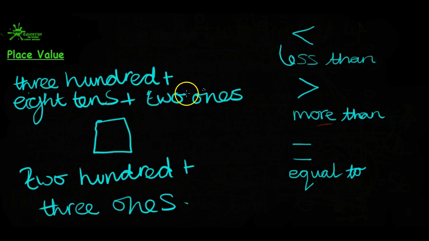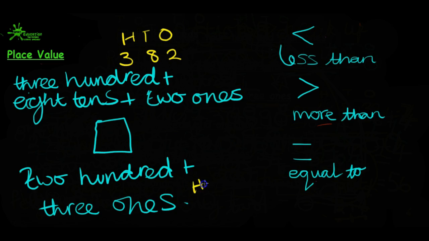Okay. So, again, let's find out what these look like in numerals or digits. 300 plus 8 tens plus 2 ones. Hundreds, tens, ones. 382.